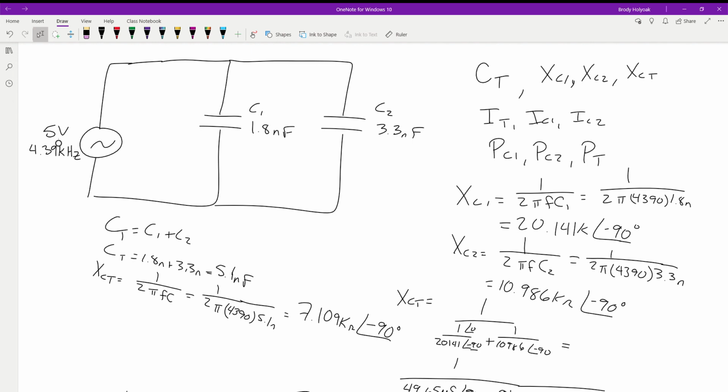They translate just the same over to resistors as capacitors do. You're just using your resistance value versus your reactance value. There's a lot of little steps, but they are very similar with just a small couple of exceptions.